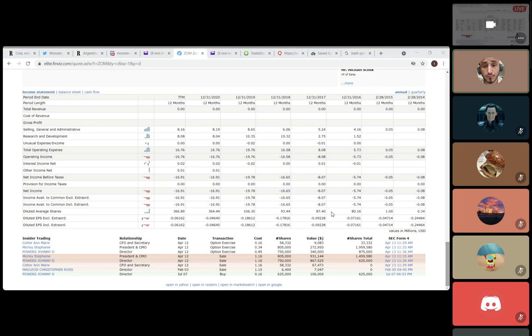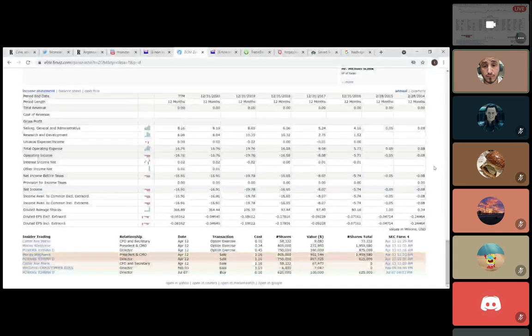Okay, so what you look at is how they invest their money. If a company has a lot of cash, it's no good. If a company is using the cash to invest into new assets, so their asset value is increasing, this is a company that is investing into the future.